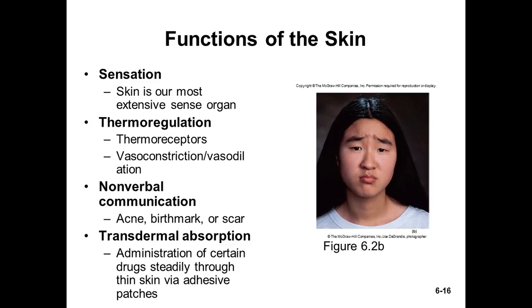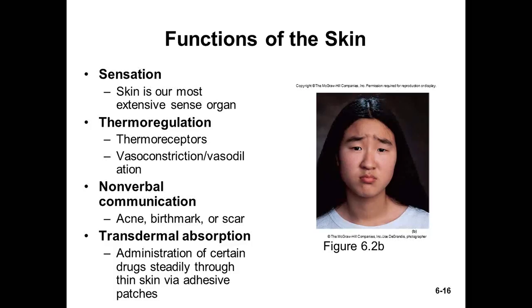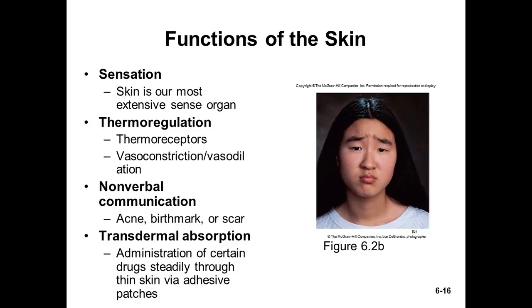Thermoregulation we talked about a little bit in Chapter 1 or Atlas A. You have thermoreceptors, little receptors in the skin that monitor hot and cold, or the temperature of the skin. We've already mentioned vasoconstriction and vasodilation. When your blood vessels constrict, you're going to retain the heat.